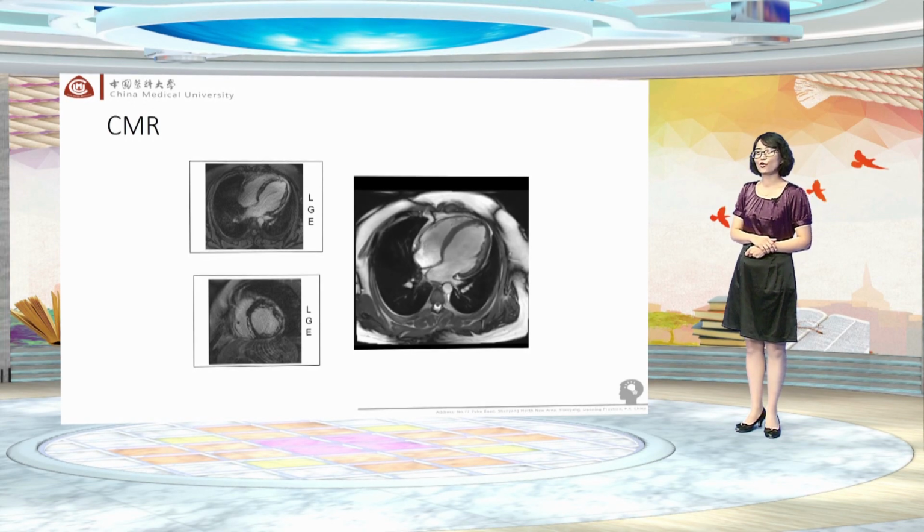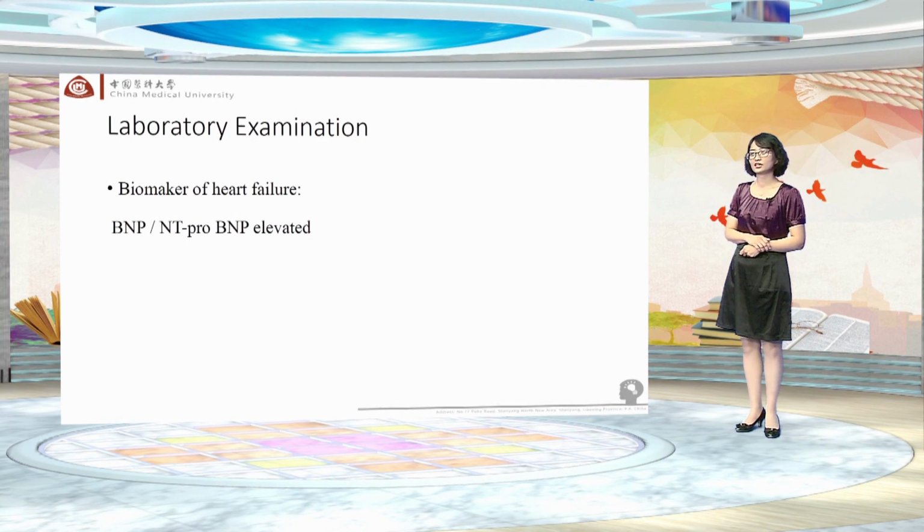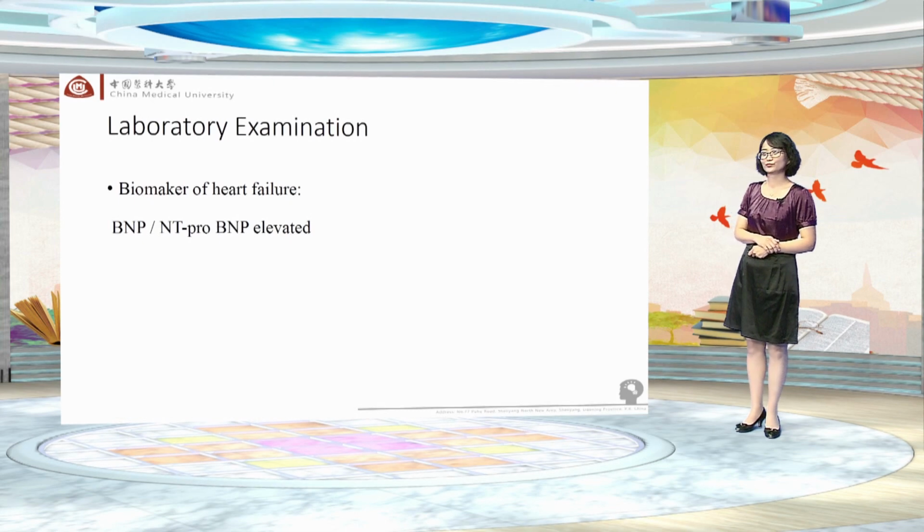These are all typical changes of DCM. In lab examination, we will find the biomarkers of the heart failure elevated. For example, the BNP and NT-proBNP, they are all elevated and higher than normal value.